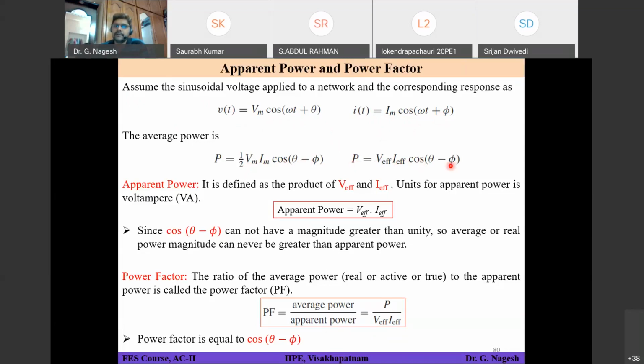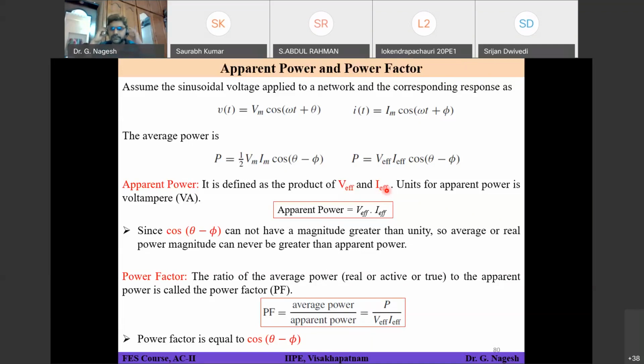Now apparent power is defined as the product of V effective and I effective. That means the product of Vrms and Irms is called apparent power. The unit for apparent power is volt amperes, because you are simply multiplying voltage and current.